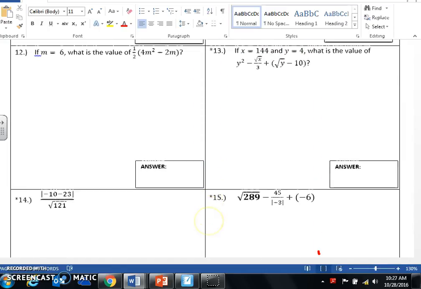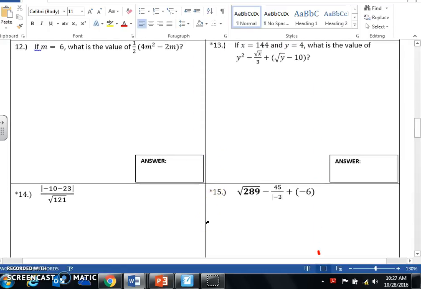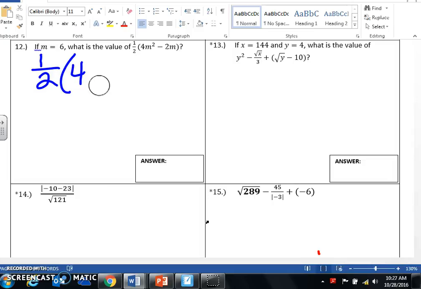Okay, here's the next one. I'm going to plug in 6. My m is 6, squared minus 2, and then my m is 6. Once again, PEMDAS.